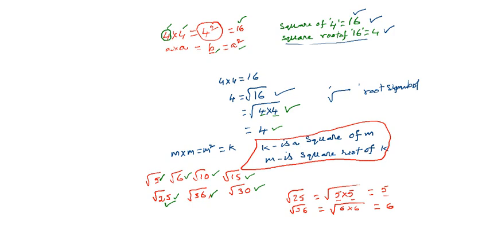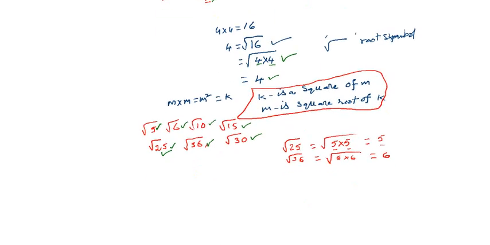What do you say about 30? Next example, 30. Is it possible to write the product of two equal factors? Root 30. It's possible to write like this: 3 into 10 and also 5 into 6.